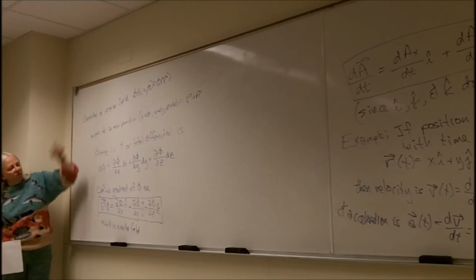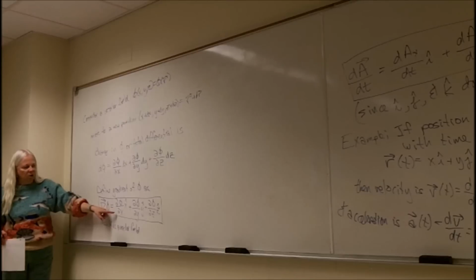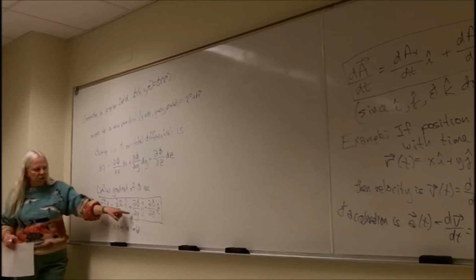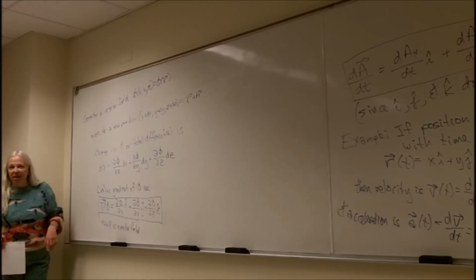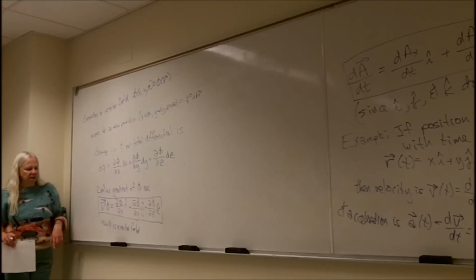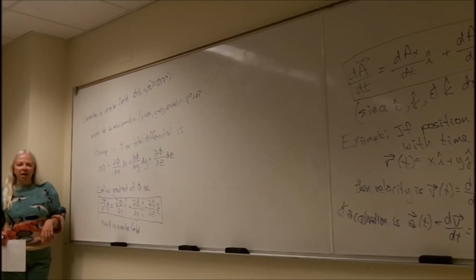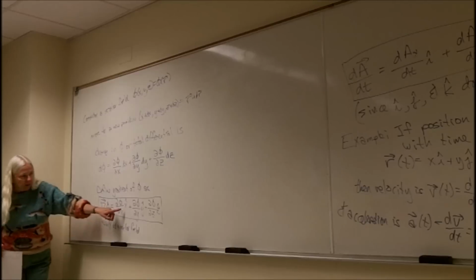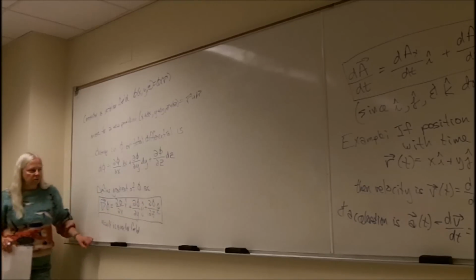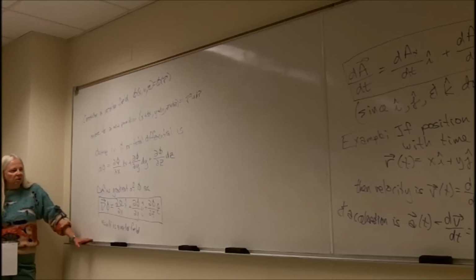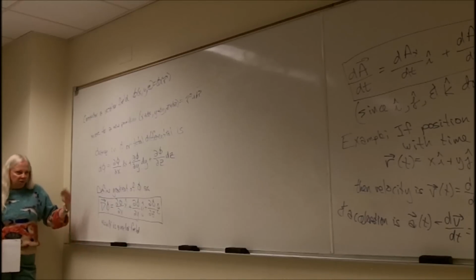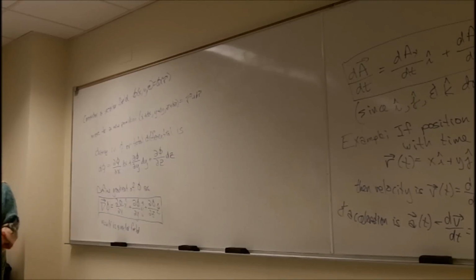Phi is some function of x, y, and z, and there's no guarantee that when I take these partial derivatives, I'm going to get constants. They could still be functions of x, y, and z. So this gradient gives me a vector field, something with a direction. It's got unit vectors in it, making it a vector, and the components could be functions of x, y, and z. So the result is a vector field.